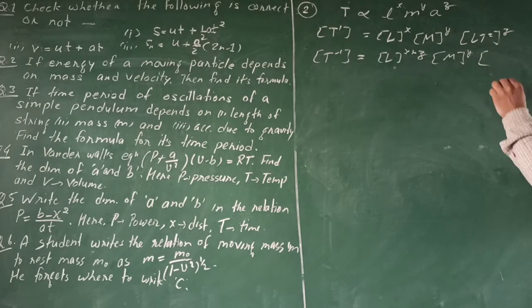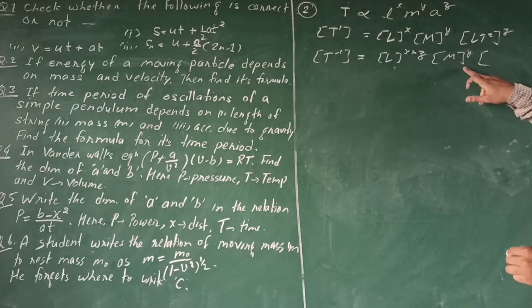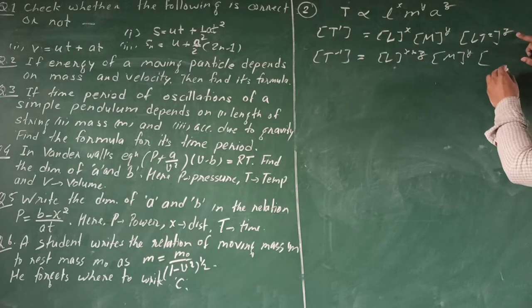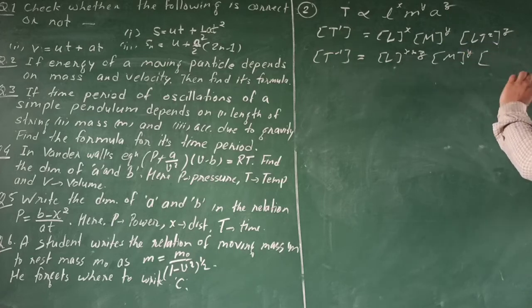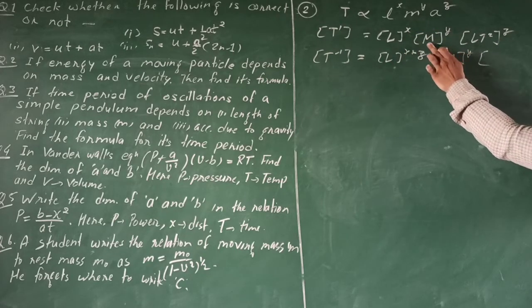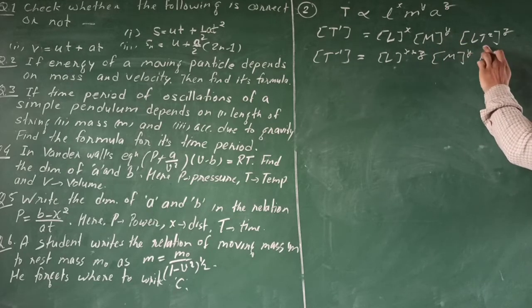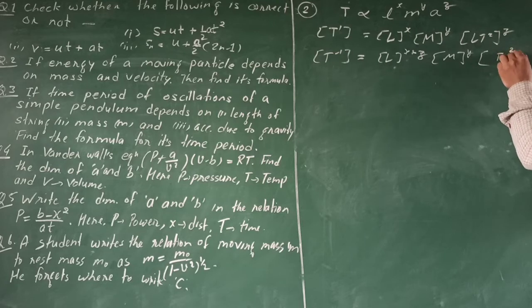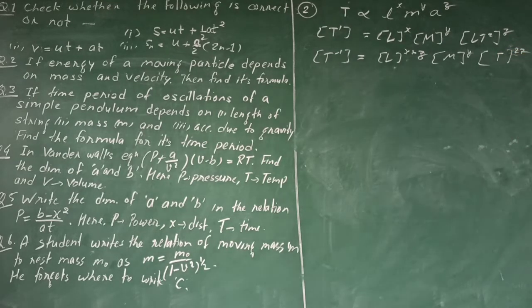Here L we find out, and L is x plus z, M^y only, and T to the power minus 2z, we can say.